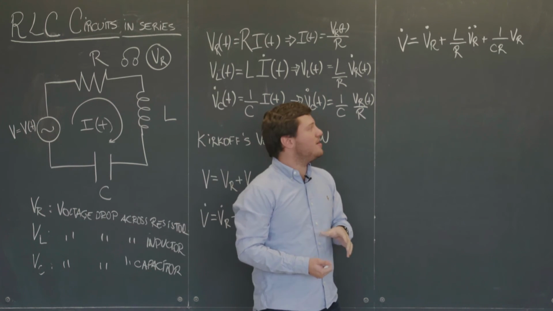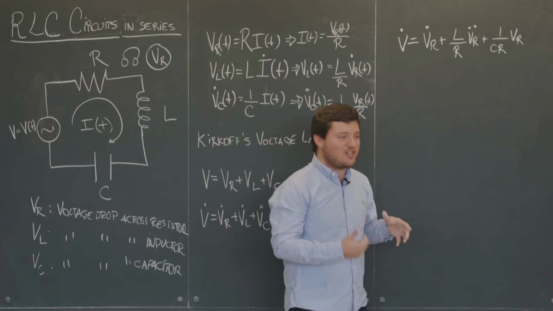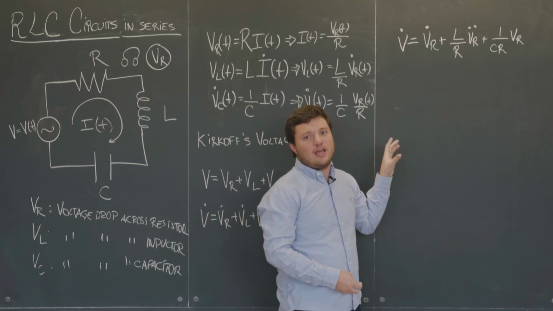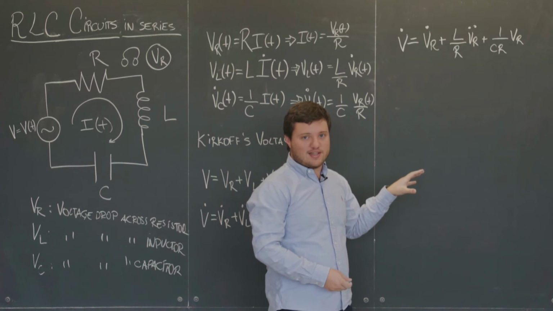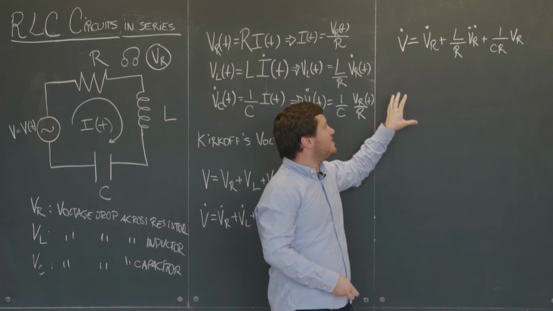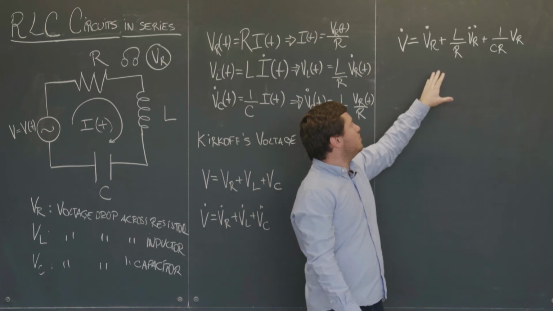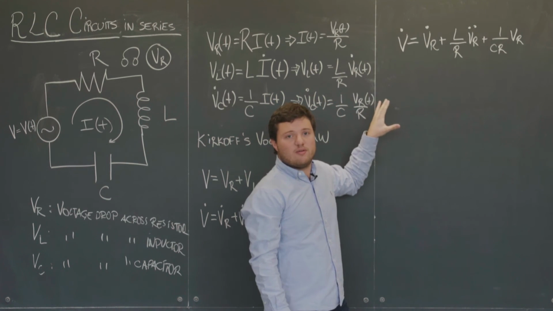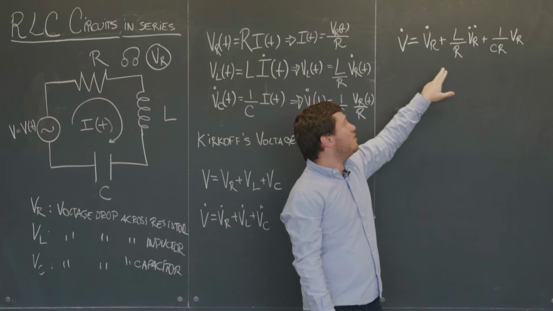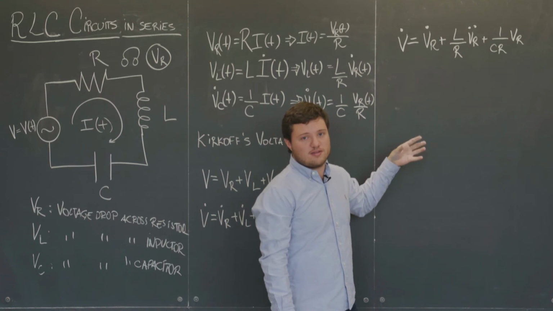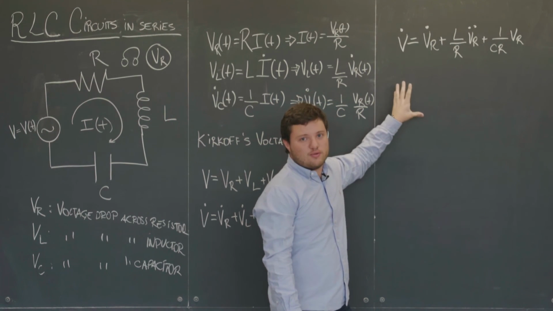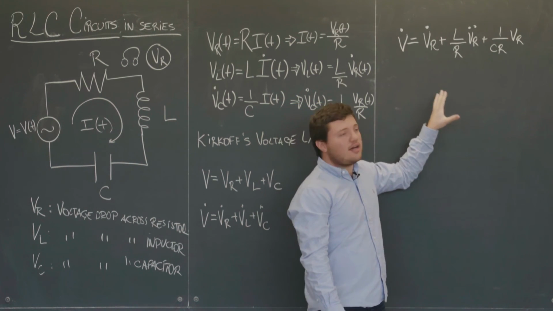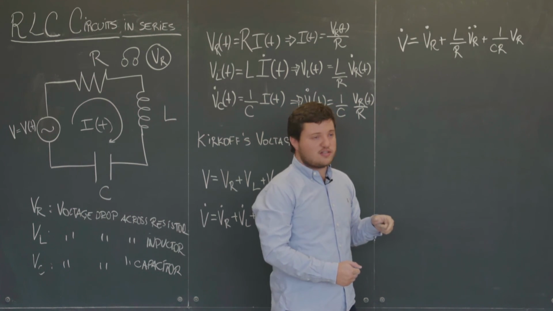The last step is to rewrite, as we generally do, with the system response on the left-hand side and with the input on the right-hand side. For simplicity, I will multiply both sides by R. That way, each component will only have a single parameter, a single constant multiplying it, and we'll see that in a second. And I'll reorder such that the higher order derivatives appear first.